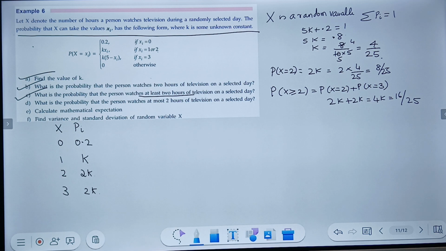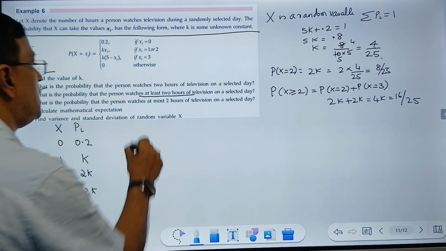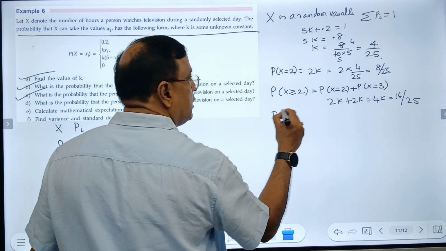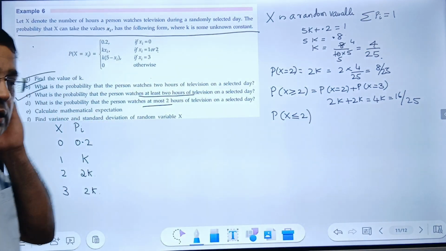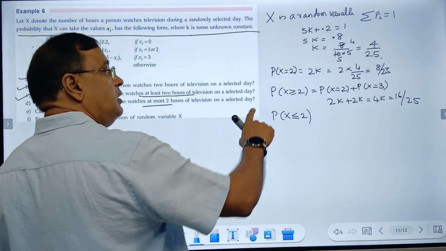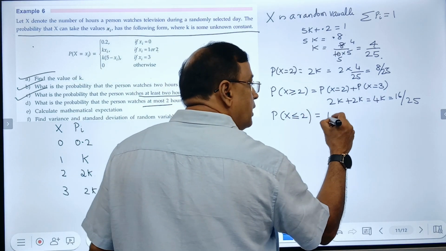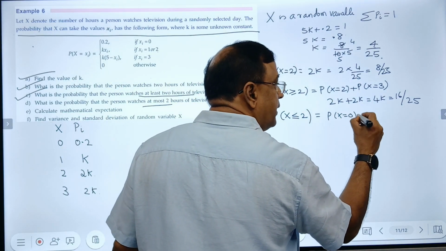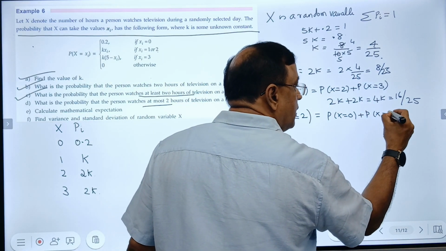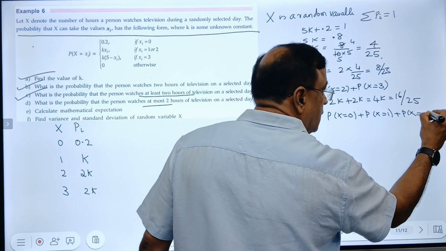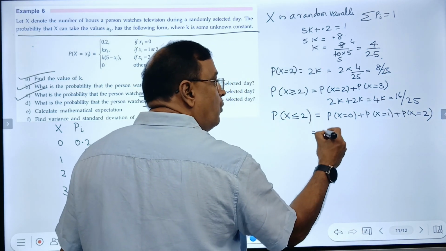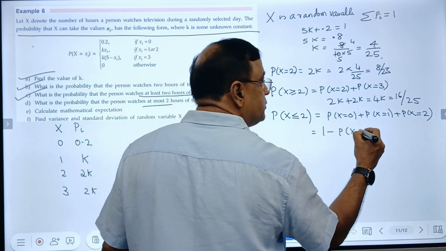What is the probability the person watches at most 2 hours? What do you mean by at most 2? Less than or equal to 2. The easiest way is, instead of doing 0 and then 1 and then 2, you can do it like this. I prefer to do 1 minus P of x is equal to 3.